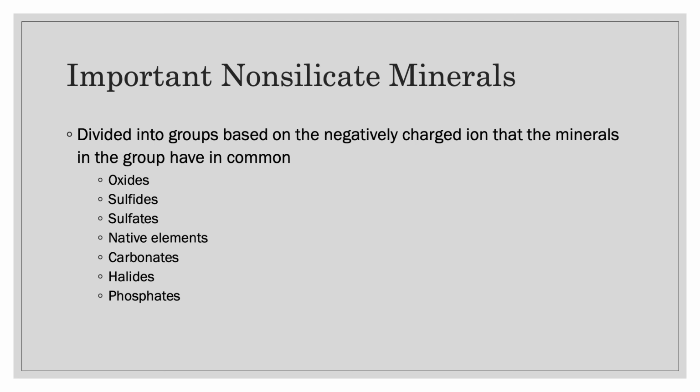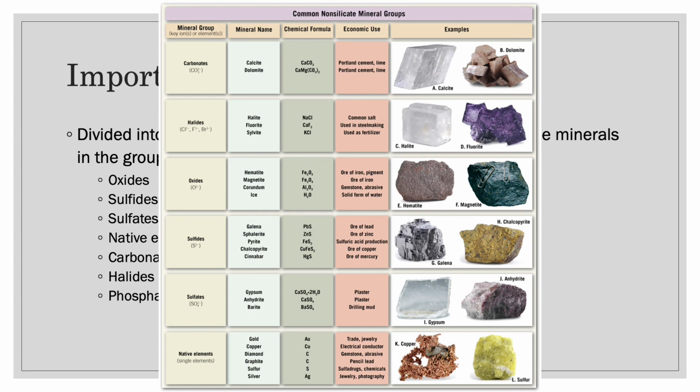And then phosphates that have phosphorus as the negatively charged ion. And so this figure shows the most common minerals that are carbonates, halides, oxides, sulfates, and native elements. And a lot of these you will be learning to identify in lab. And I encourage you to look into these a little bit more in your text.